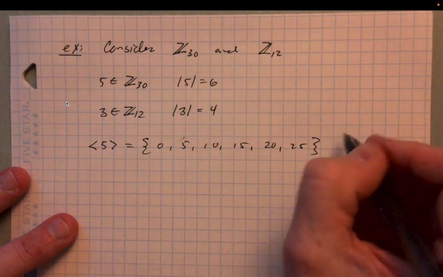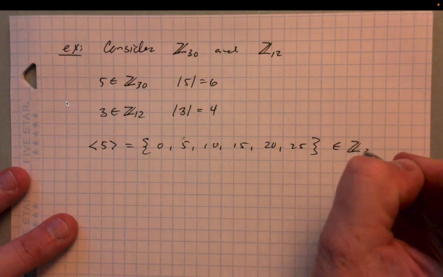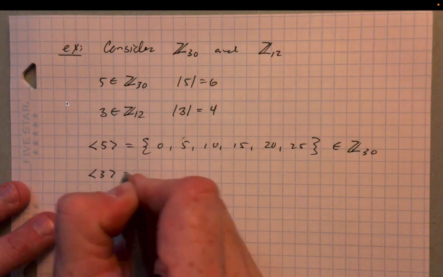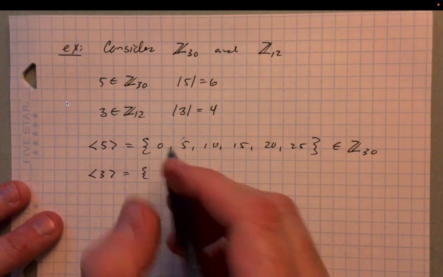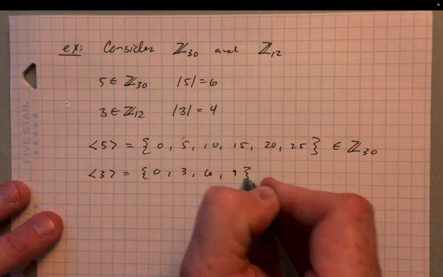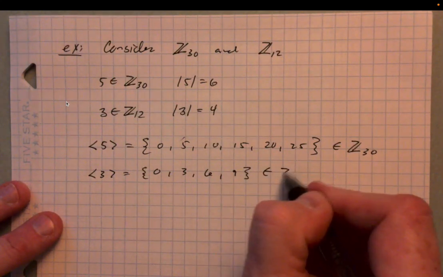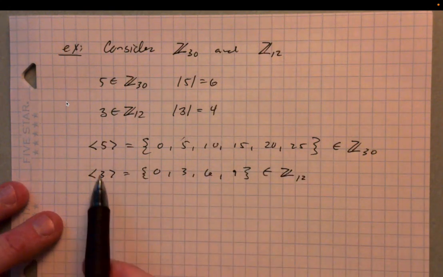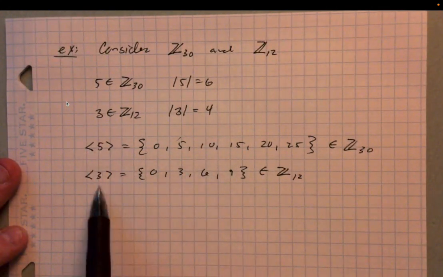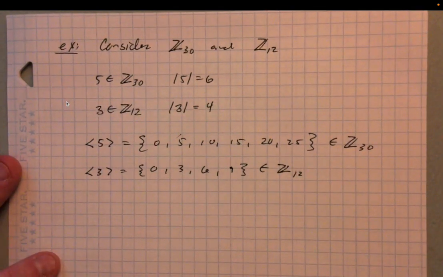This is a subgroup of Z30, remember? Okay, and then for 3, the subgroup would be 0, 3, 6, and 9. That's a subgroup of Z12. Confirm that these are indeed the subgroups.